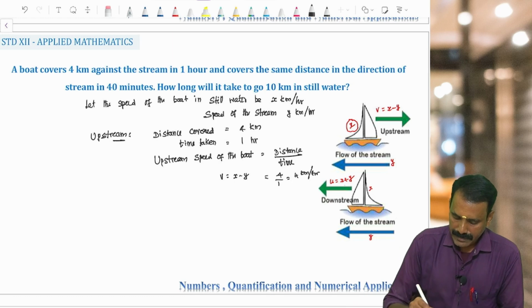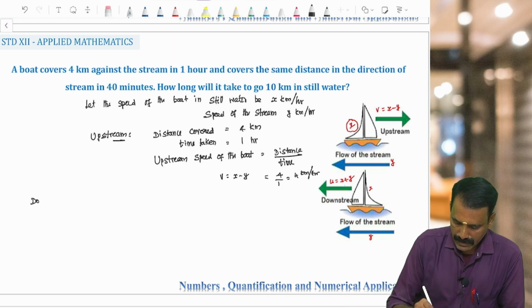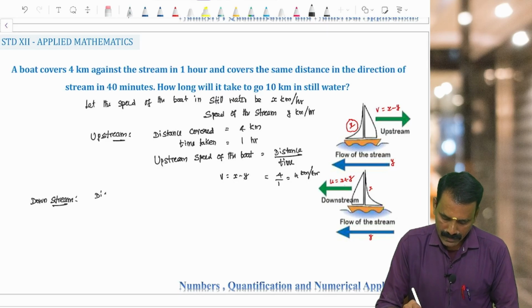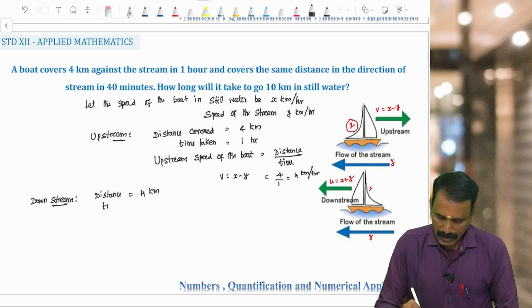For downstream, it is going to cover the same distance. But the time taken is going to be only 40 minutes. So we try to convert into hour. 40 divided by 60, which is nothing but 2/3 of the hour.